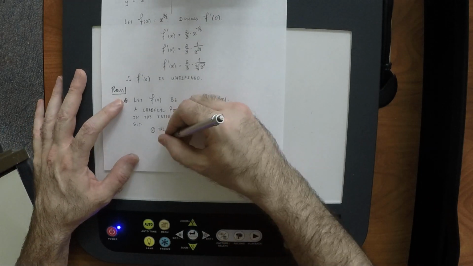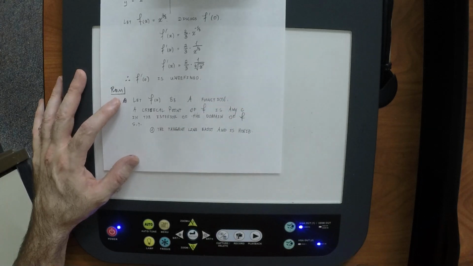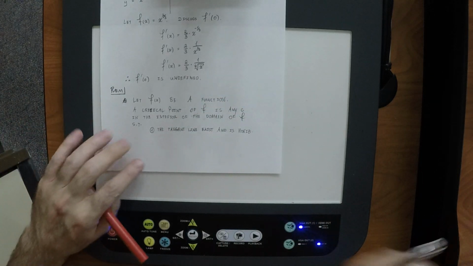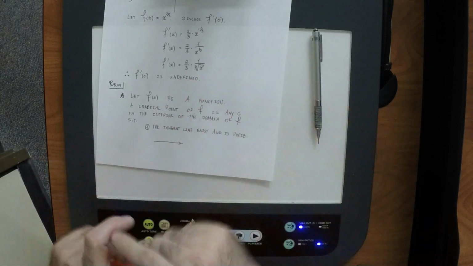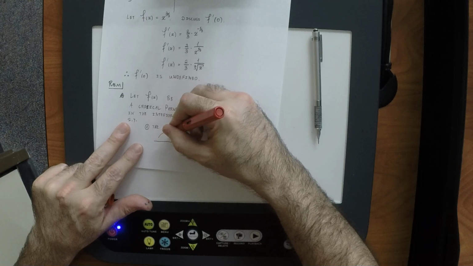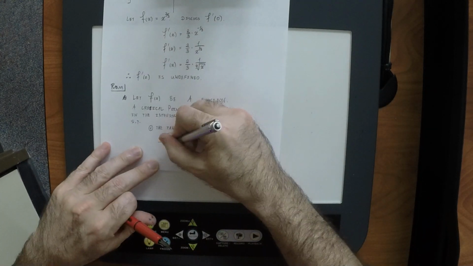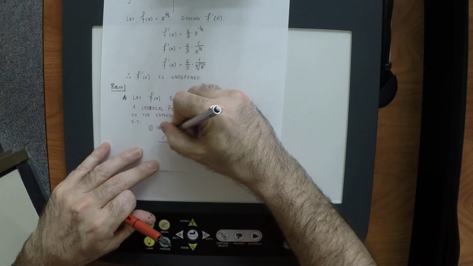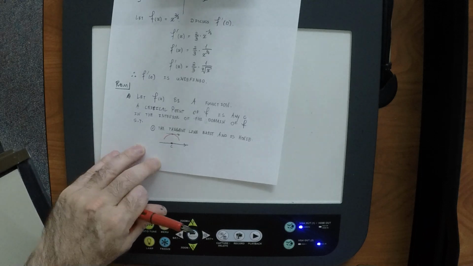In such a case, the picture looks like one of these. So that would be something like, that's point C there, and that's a critical point because it has a horizontal tangent line. So that's one possibility.